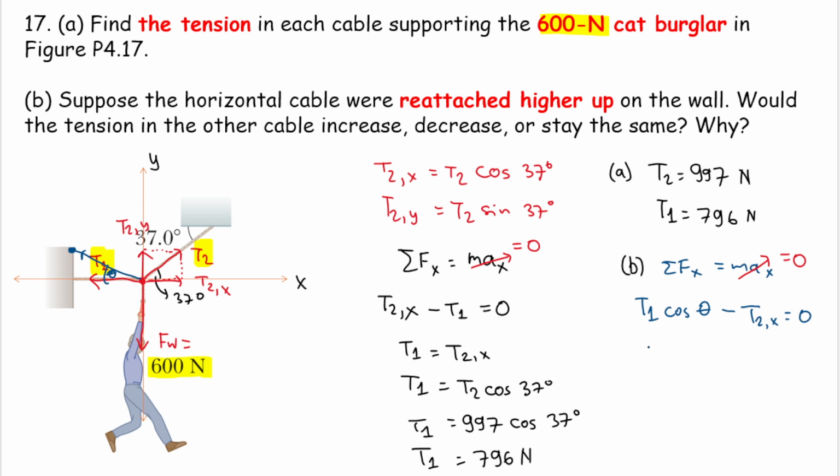Good. And we can isolate T1 here. T2,x is T2 cosine of 37, so this one will be T1 cosine theta.